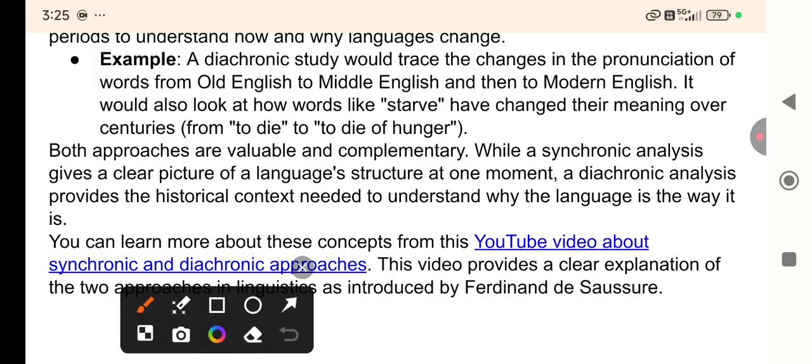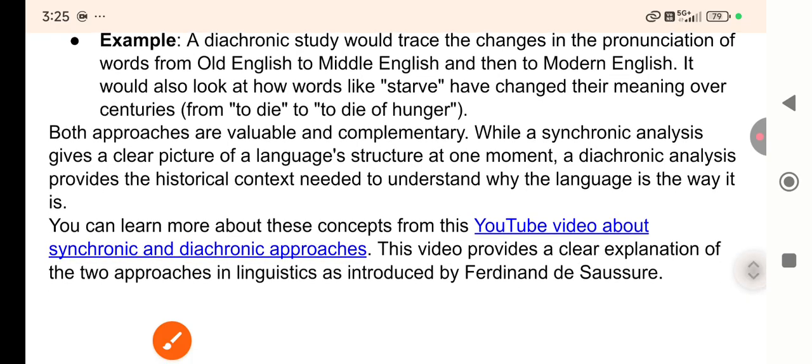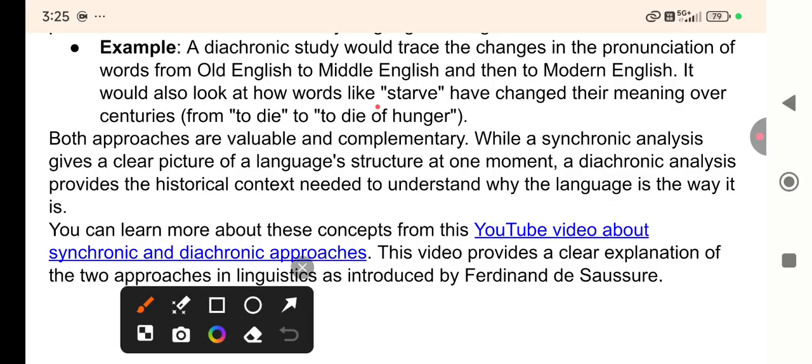A diachronic study would trace the changes in pronunciation, why a word is pronounced like this, from Old English to Middle English and then Modern English. This whole study is part of diachronic linguistics. It would also look at how words like "starve" have changed their meaning over centuries.